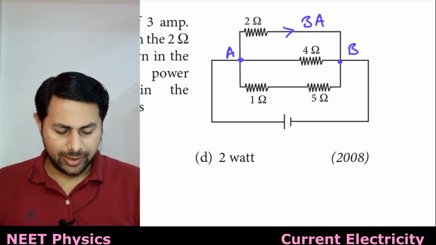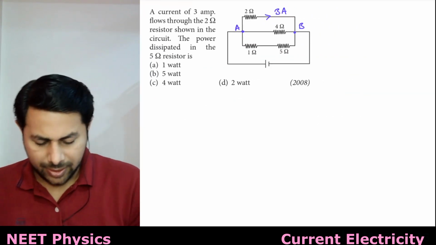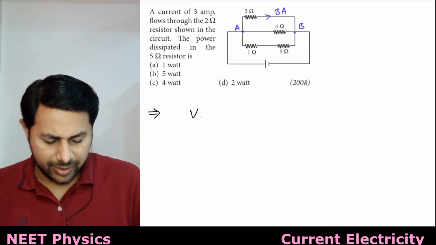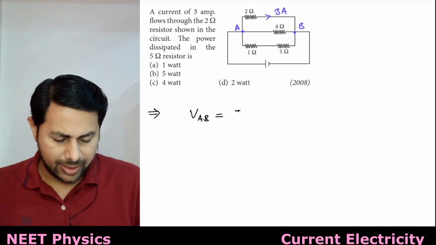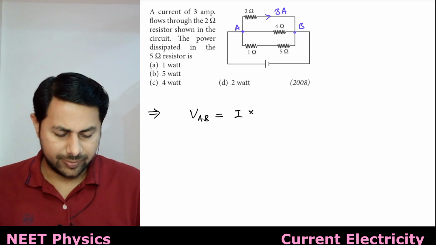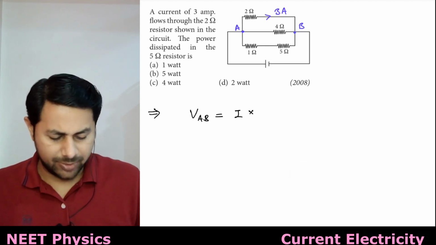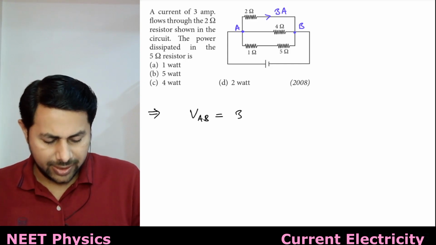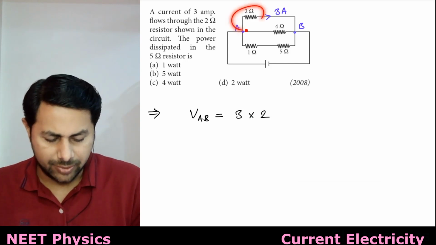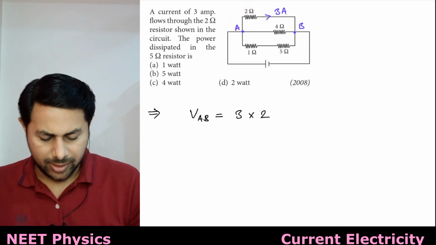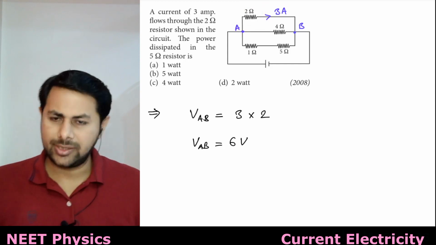So VAB will be equal to the current times the resistance. Current is 3 amperes times the resistance 2, because this current is flowing through this 2 ohm resistance. So the potential difference is 6 volts.